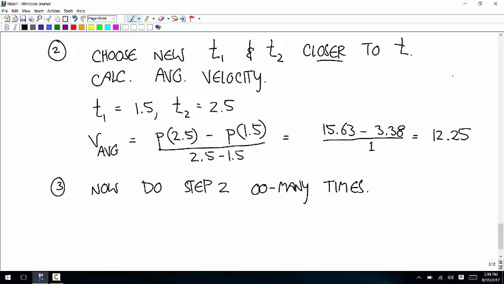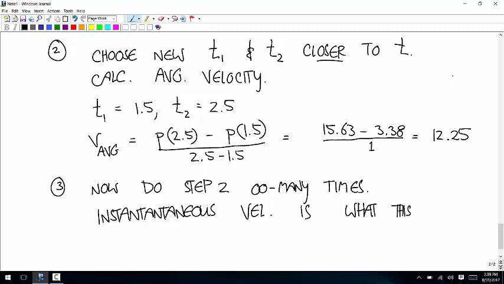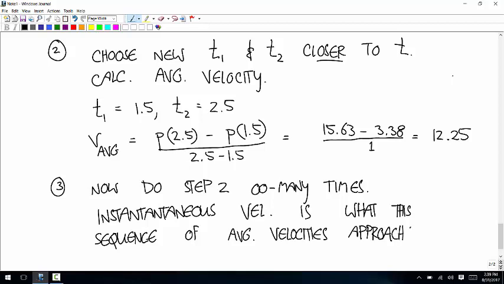I don't know if we'll have time to do that before the quiz, but then the instantaneous velocity is what this sequence of average velocities approaches. So let's do it twice anyways, and we'll sort of see what's happening.